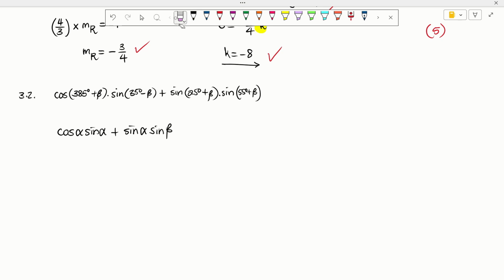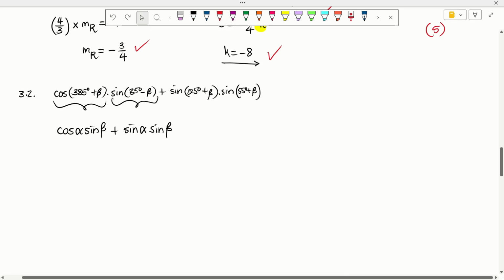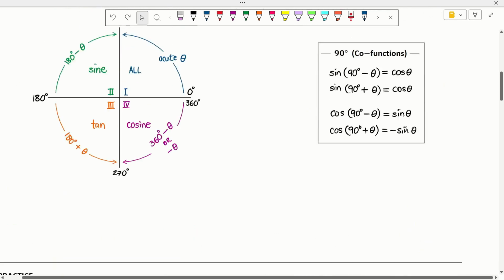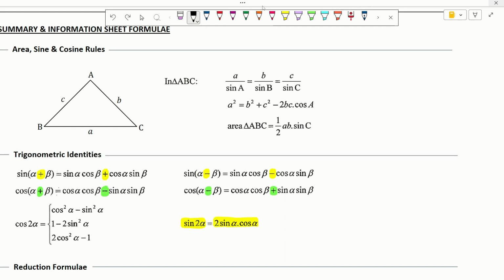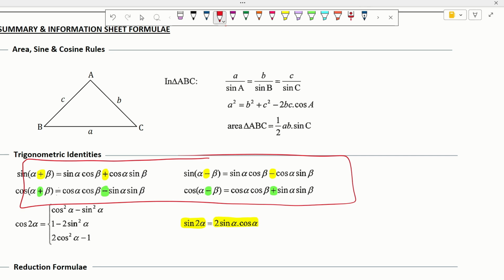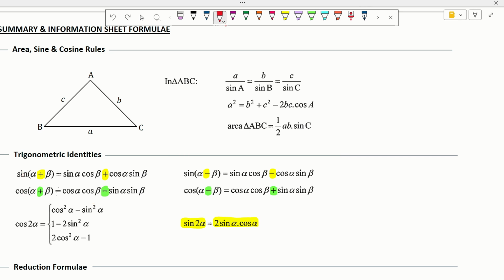Sorry, I put alpha there, but let me put beta. Mainly because I have a trig ratio, a plus in the middle, and another trig ratio. So this looks like something I have here on the formula sheet, one of those four. To see which one it is, I'll just change things around.